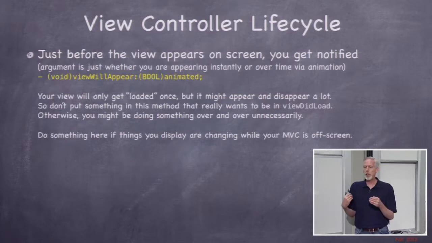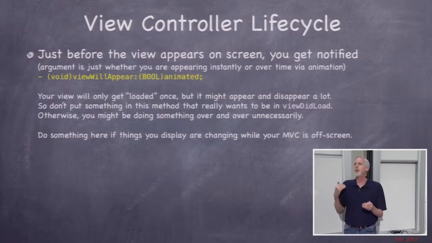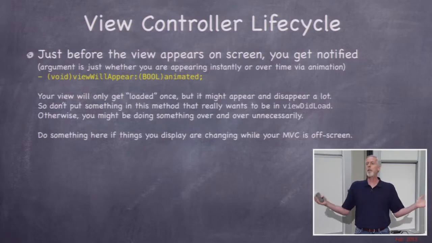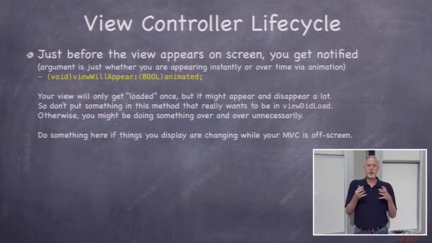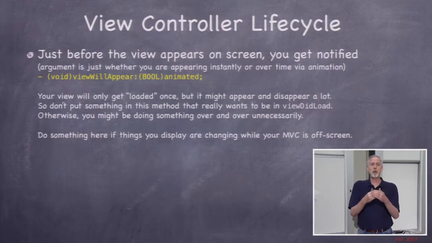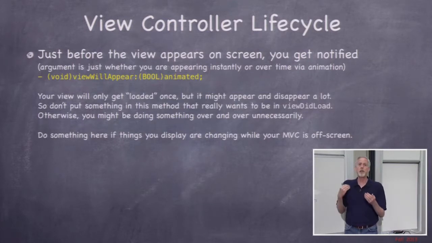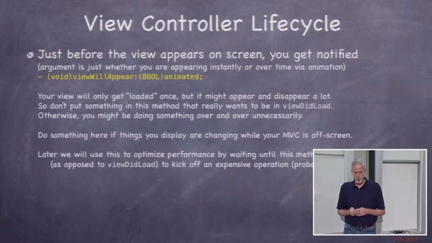Because you were off screen and now you're appearing, so this is a good thing to put in willAppear: synchronization with things that might have changed while you weren't visible, including things that were changing before you appeared for the first time, because willAppear, of course, gets called the first time you appear as well. Okay, this is not willReappear, it's willAppear. So that's a good thing to put in here.